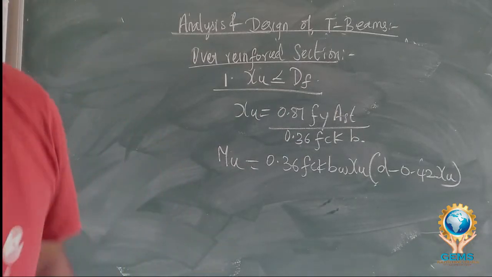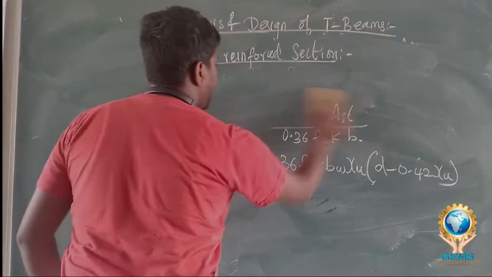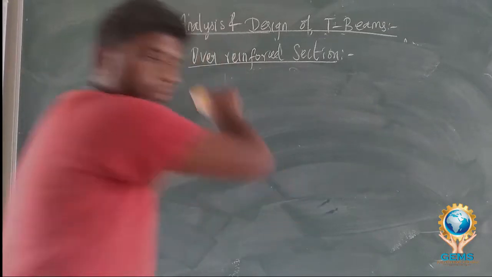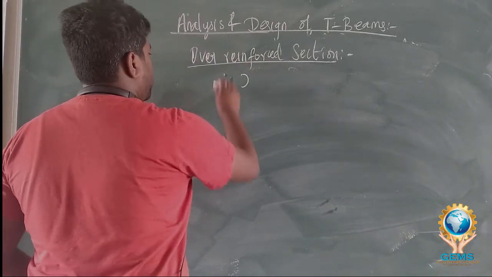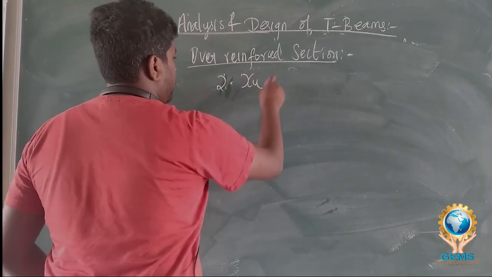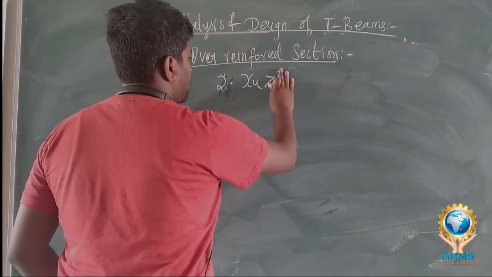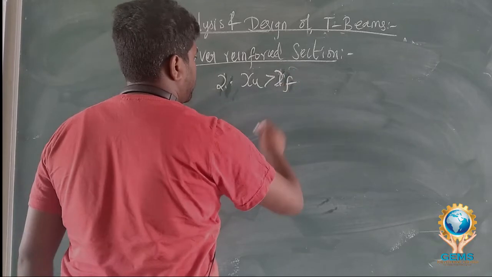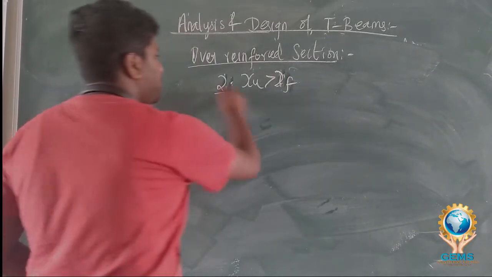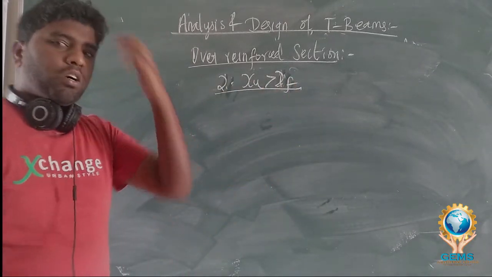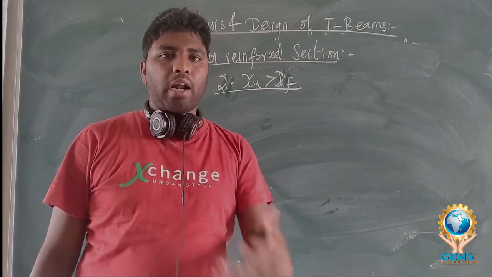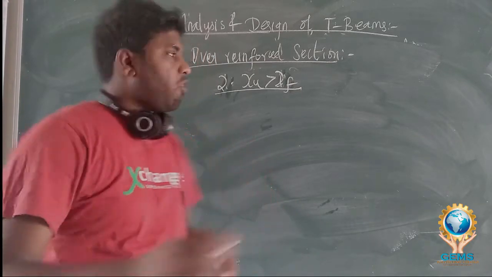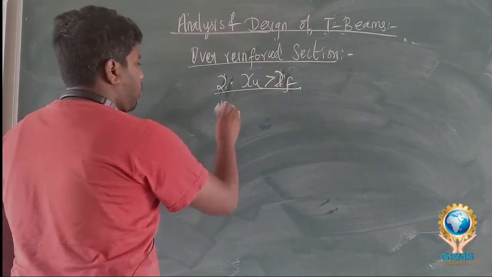The next case, the second case, is if XU is greater than DF. There are two methods, as you have studied in the under reinforced section. First, you want to find YF.